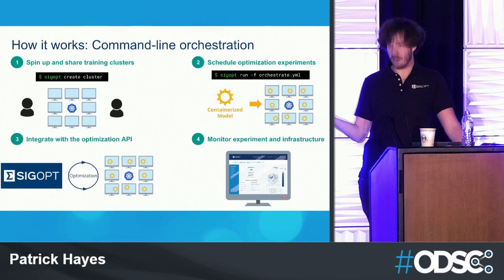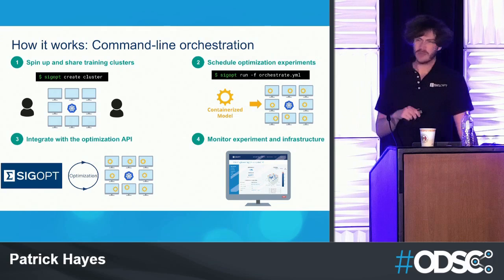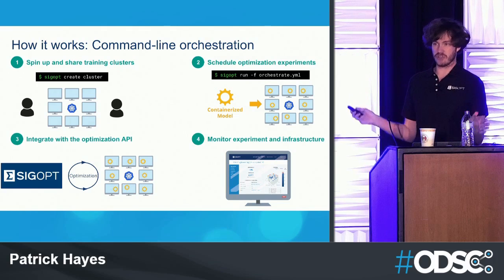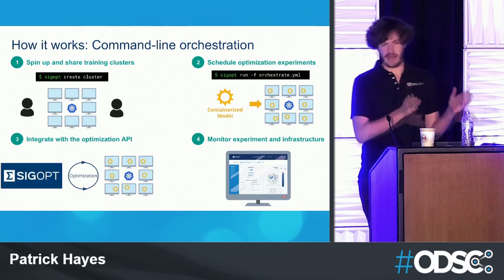And then finally, you can monitor your experiments on the web to watch how they progress, see how your underlying infrastructure is being used, and have a better understanding of your optimization progress. The goal of all of this is to fully abstract the infrastructure away from the modeler so that they can focus on what they do best, and that's modeling.